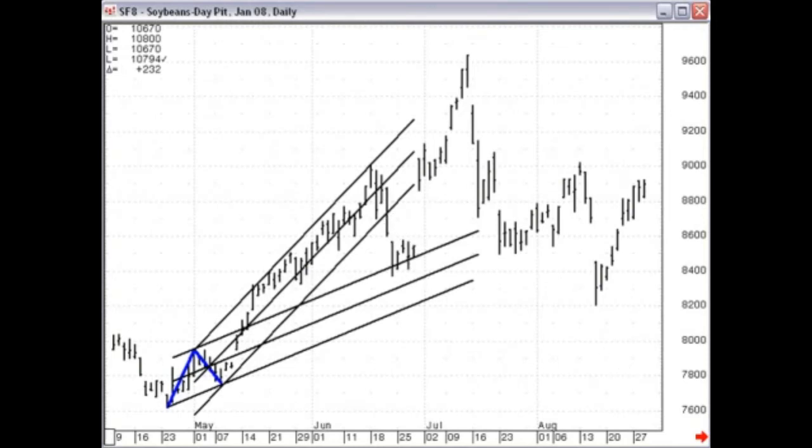Once the lower boundary line of the acceleration channel is penetrated, then at that moment we can identify wave 3 as complete.